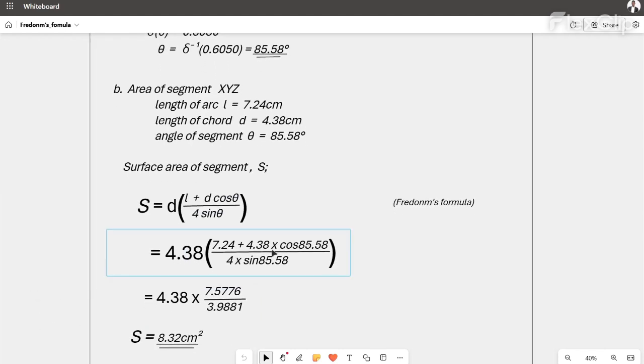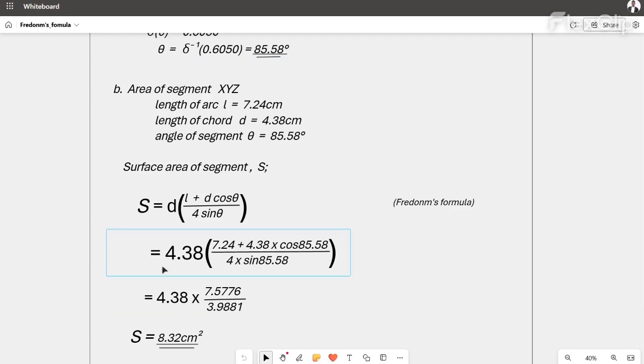If you do the calculations, the numerator part will give you 7.5776, and the denominator part will give you 3.9881. Okay, so that is it.